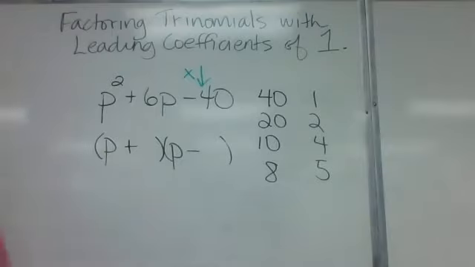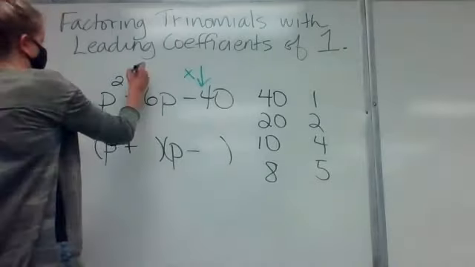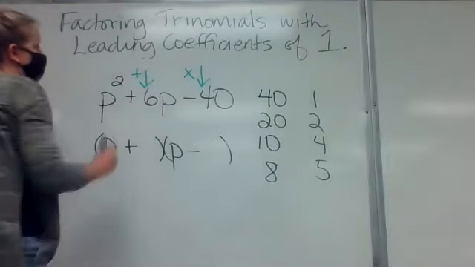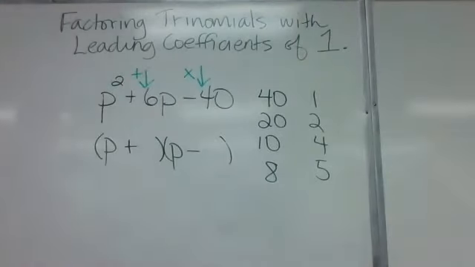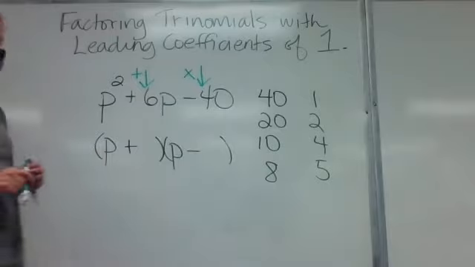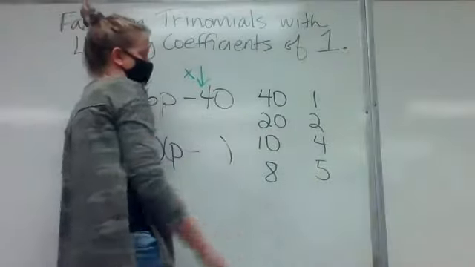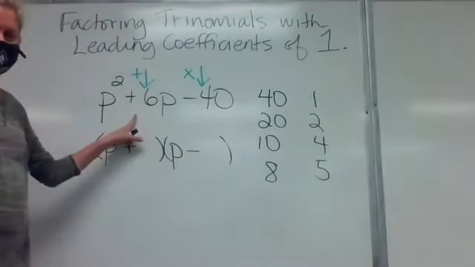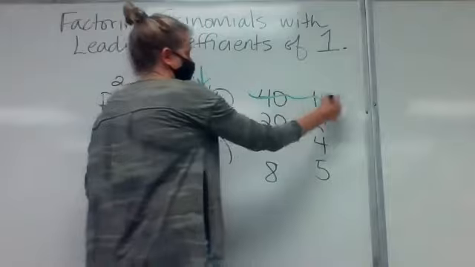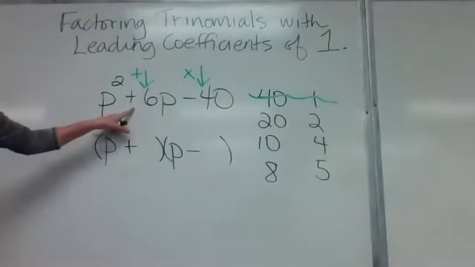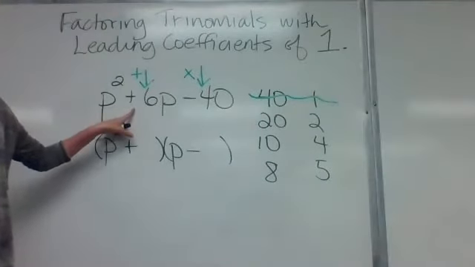What do I also need the numbers that multiply to get negative 40 to do? I need them to add to positive 6. Let's pick out our pair first, and then we'll worry about the signs. 40 and 1. Am I going to make that a 6? Nope. 20 and 2. Am I going to make that a 6?